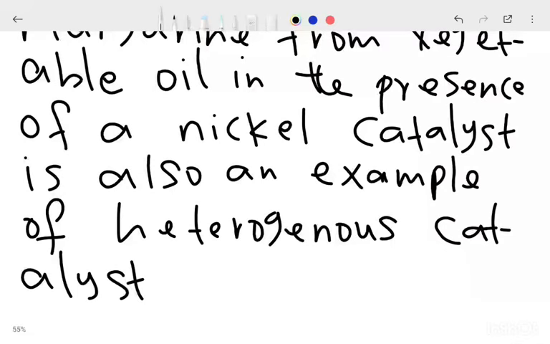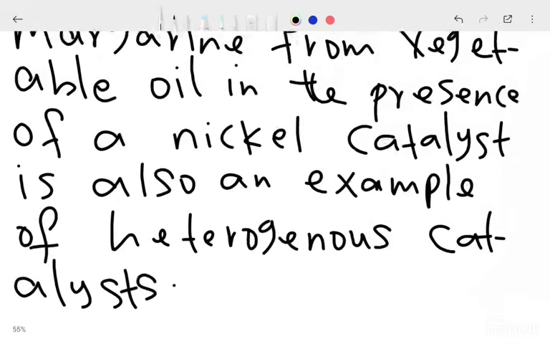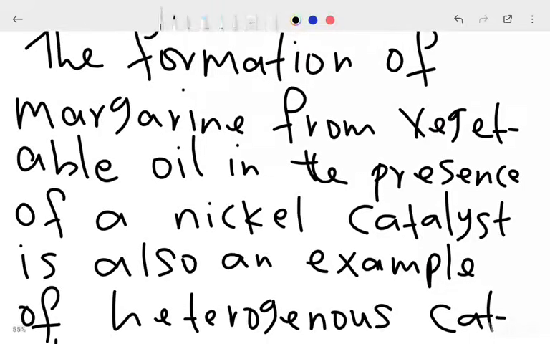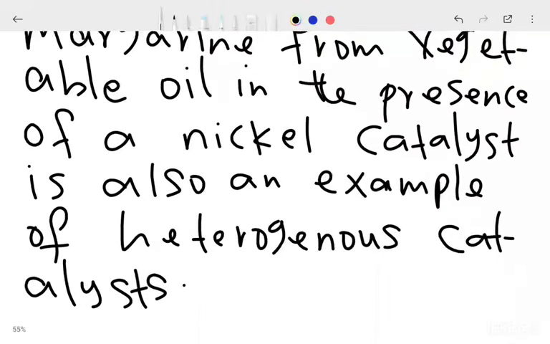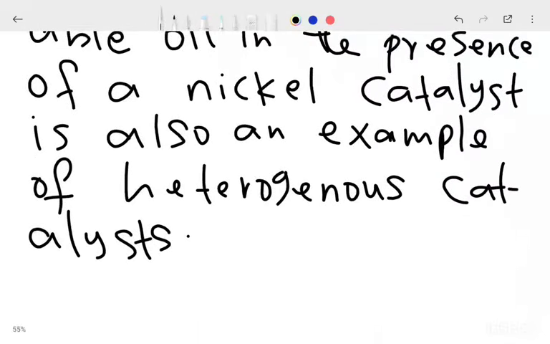Okay, now write it too: the formation of margarine from vegetable oil in the presence of a nickel catalyst is also an example of what? Heterogeneous catalyst. Are you getting it?